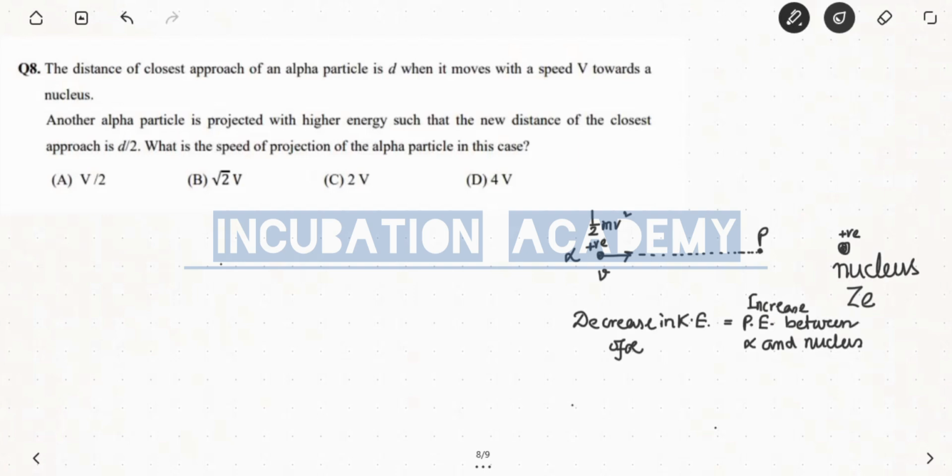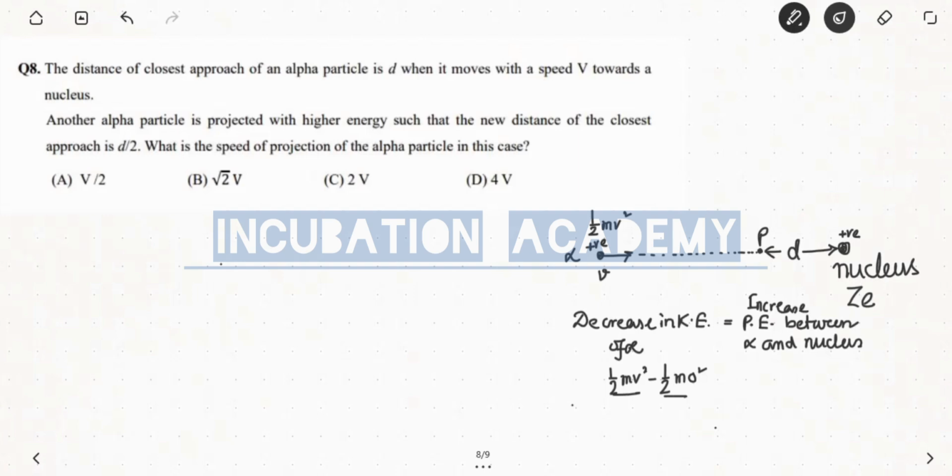When this complete conversion is done, the alpha particle can reach up to that point, and this is the distance d, which is called the distance of closest approach. So under these considerations, initially it has half of mv square, finally it becomes 0.